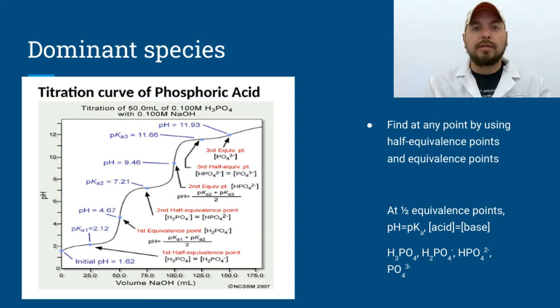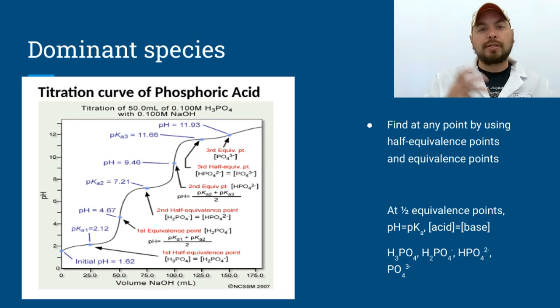So at the second halfway to equivalence point, all of a sudden the HPO4 2 minus becomes dominant, and then it stays dominant until the third halfway to equivalence point, at which point the PO4 3 minus becomes the dominant species. So when we're thinking about dominant species, we have to think about where we are on the curve, what has reacted away, and what remains.